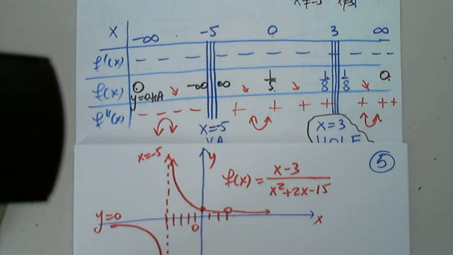A little pixel is missing. So when x is 3, the height is 0.125, and it's a little hole in there. As you see, it's not a vertical asymptote. Okay? So be aware of that.